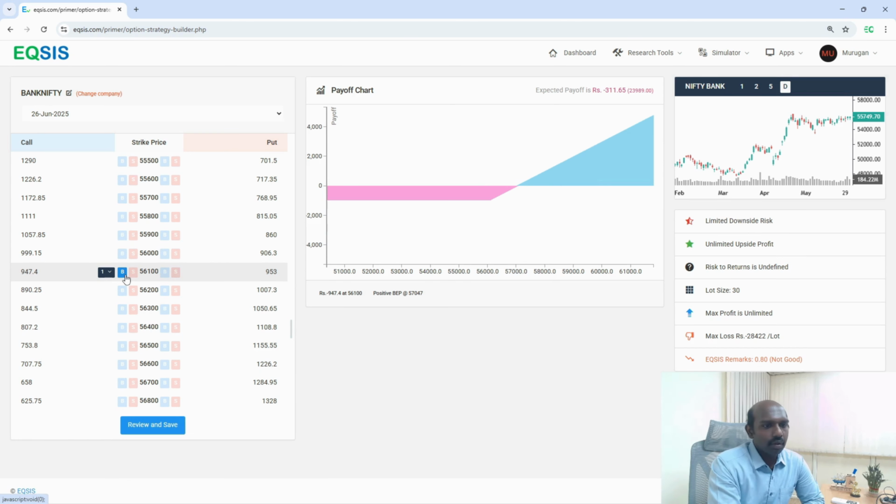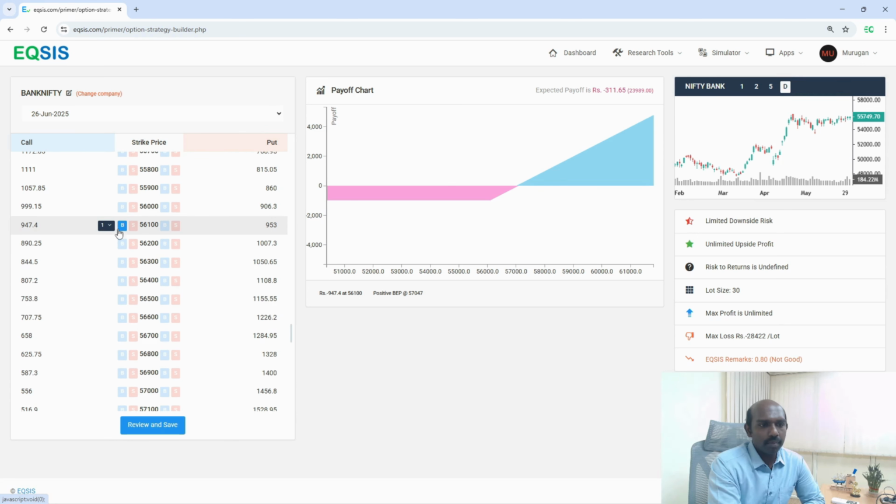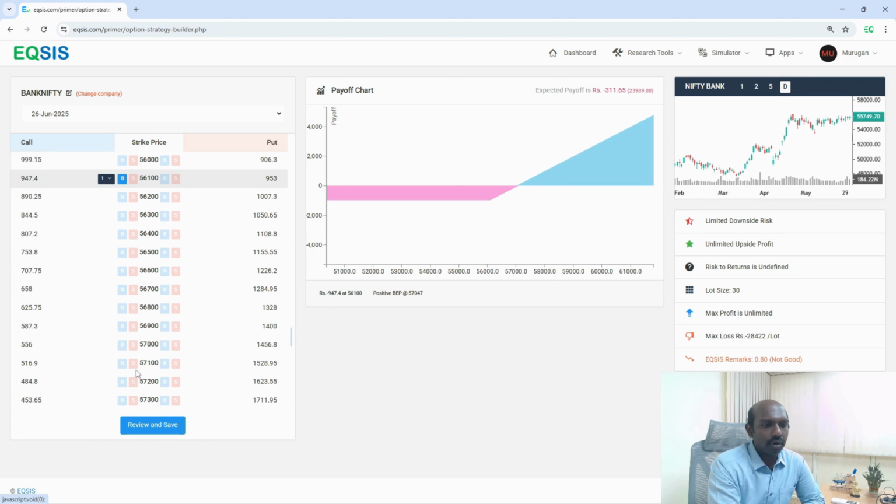Coming back to this, if I want to nullify the whole premium, I'm buying 56,100 and I'm selling the corresponding strikes to the right of this.